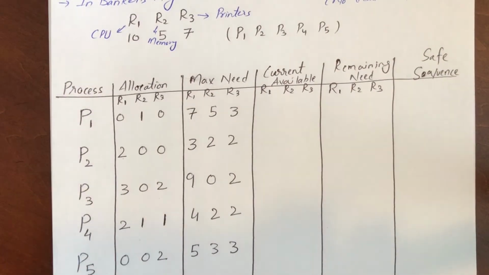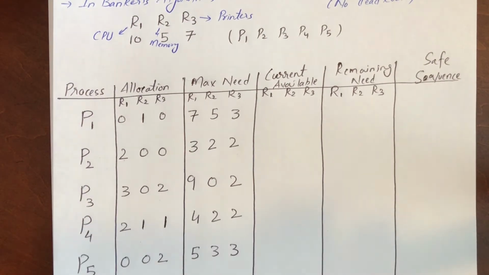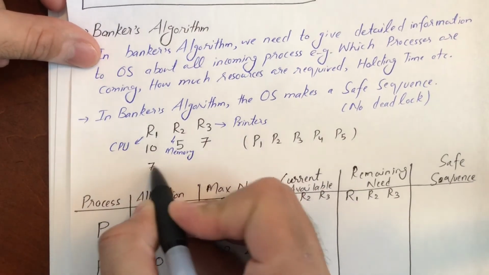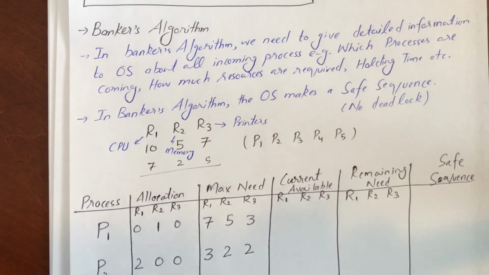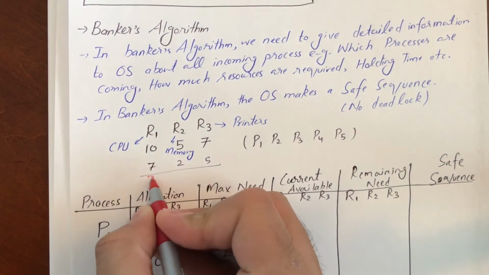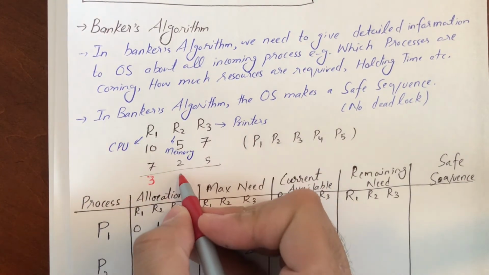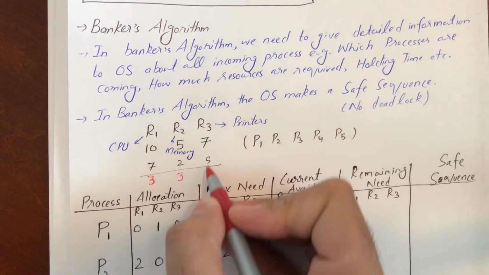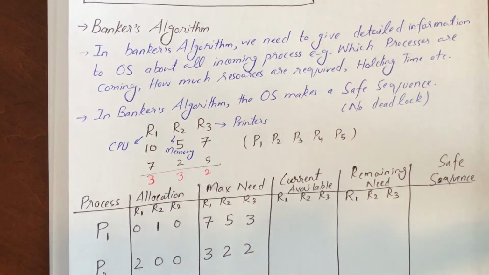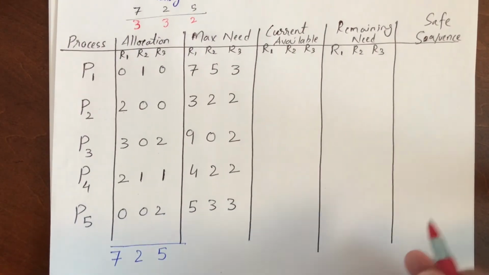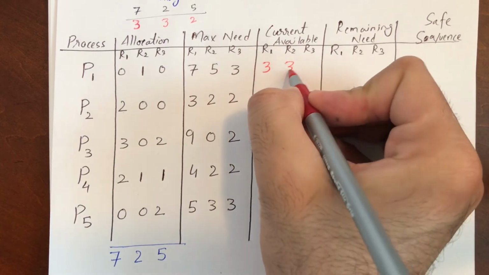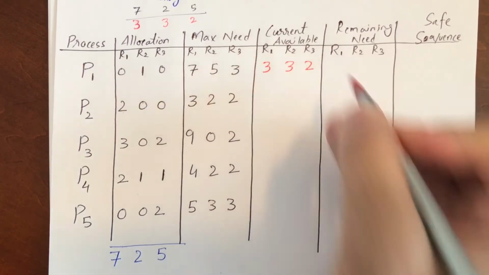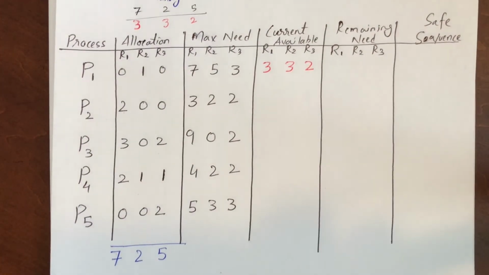If we subtract 7, 2, 5 from these, we have 3 instances of R1, 3 instances of R2, and 2 instances of R3 currently available.